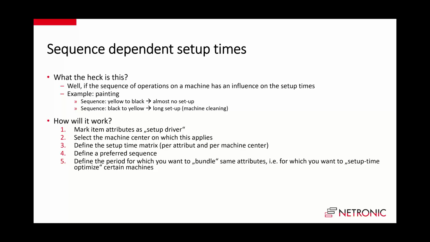None of them is impacted by the color of the material. But if it goes to painting, then the item attribute color becomes setup relevant. So you will have to say which item attribute is relevant for a sequence dependent setup time, and you have to say that this is valid for that machine center.